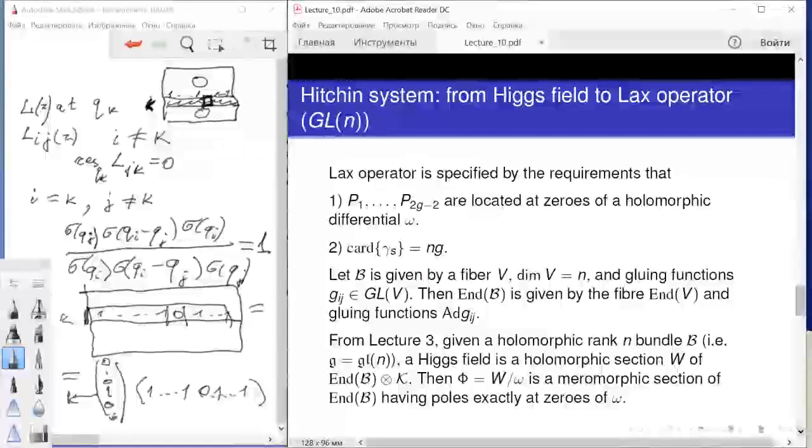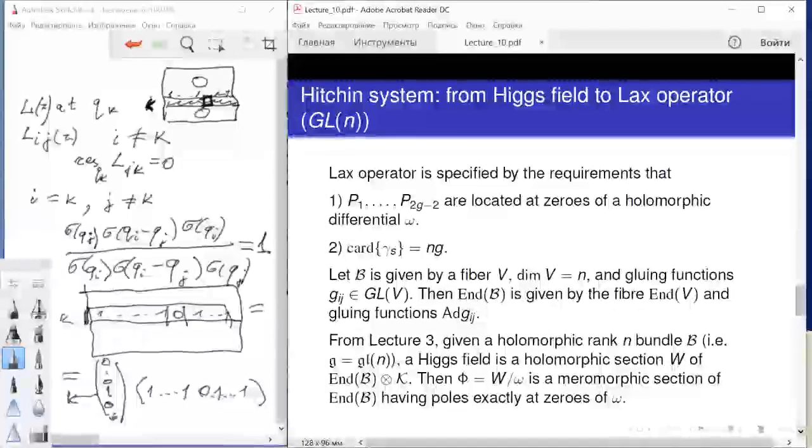It's a system which is given by Lax representation of the above type, where the Lax operator is additionally specified by two requirements.